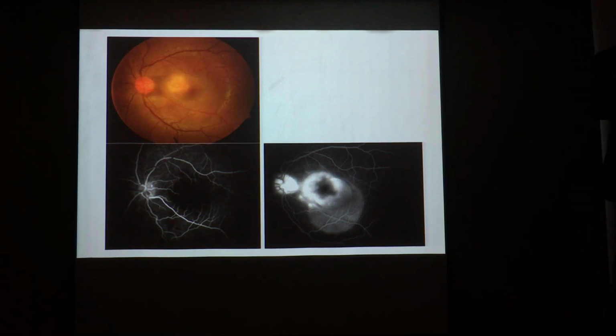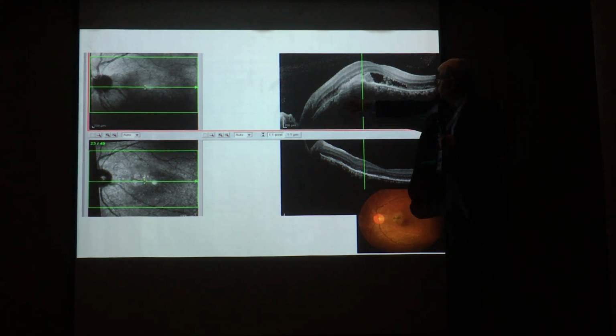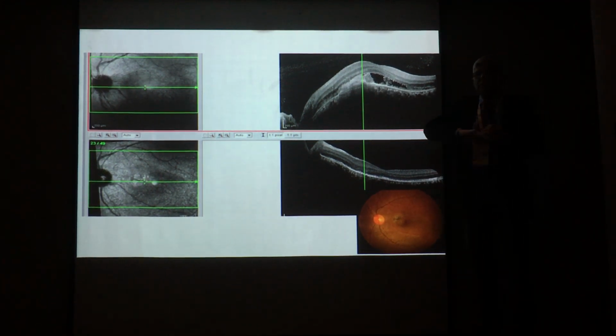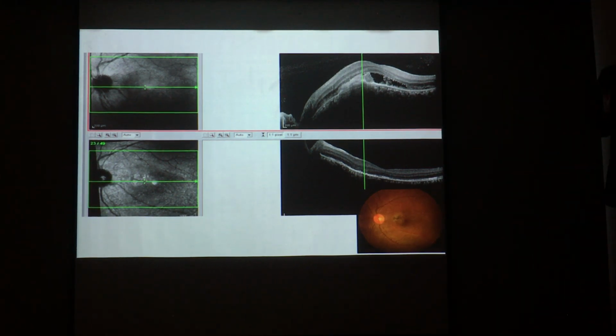If you have a choroidal lesion invading the retina, what will you see? This is what it shows. You can see there is a huge elevation of the RPE, indicating that there is something pushing the RPE up. What pushes it is the choroidal granuloma.